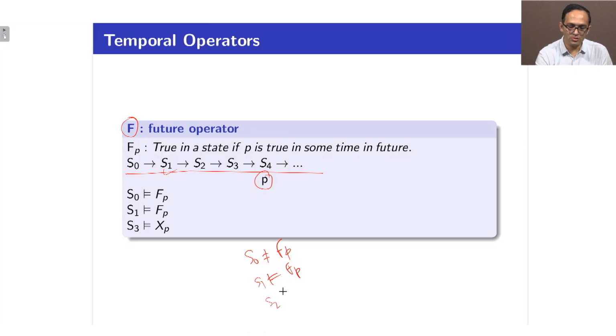Similarly, S2 and S3 satisfy future p. And even S4 satisfies future p, because future includes my present state also, that is the convention. So, it is not the immediate next state, but somewhere in the future within finite time. Okay. So, this is future.